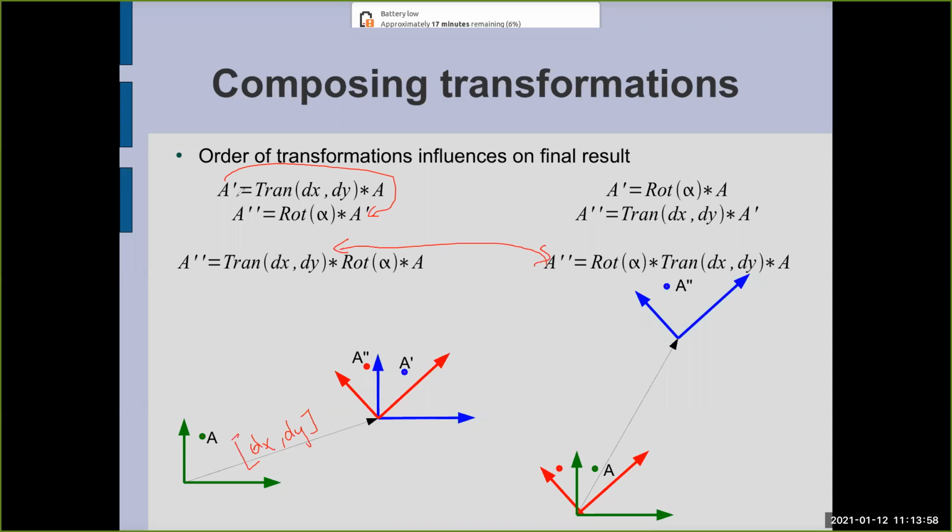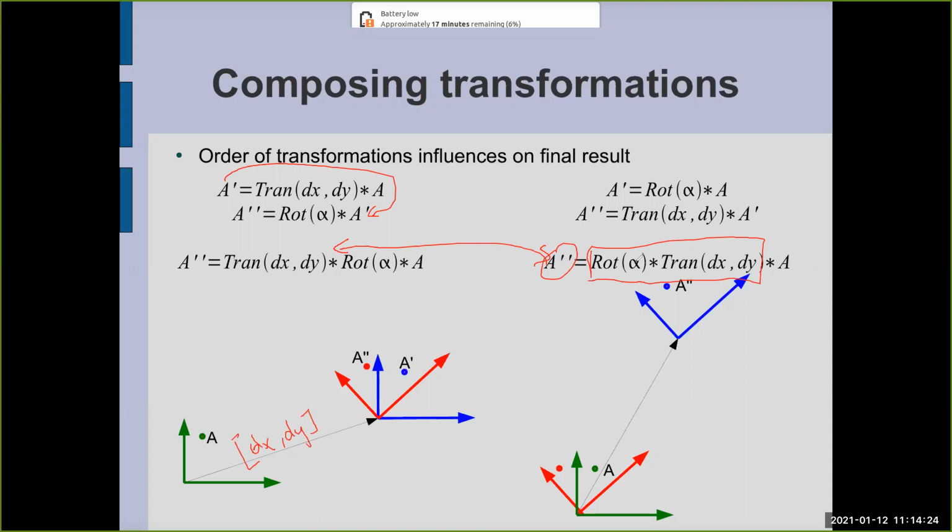So I get the expression that A double prime is equal to rotation alpha times translation dx, dy times A. So look, this represents the joint transformation.